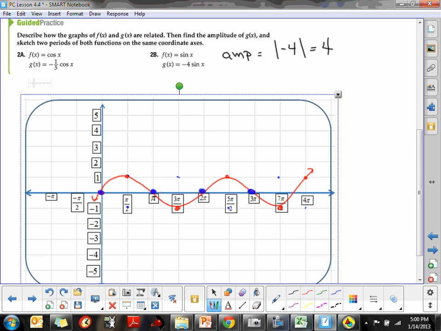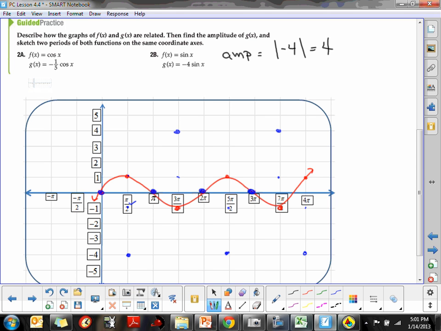But the other thing we're going to do is stretch these by an amplitude of 4. So rather than being here, it's going to stretch down to a negative 4. Instead of being at a positive 1, it's going to be a positive 4. Then down to a negative 4, then up to a positive 4, and then down to a negative 4.